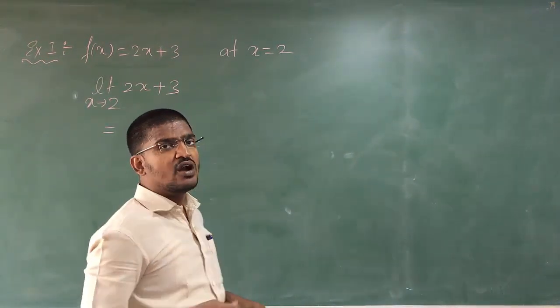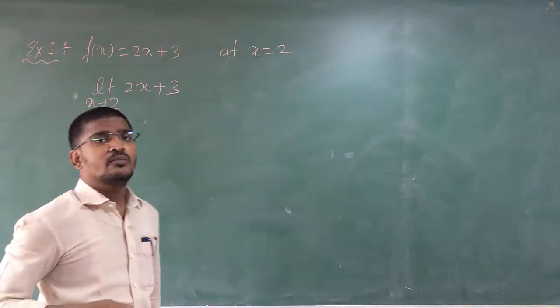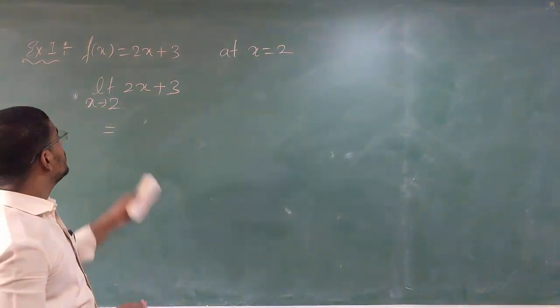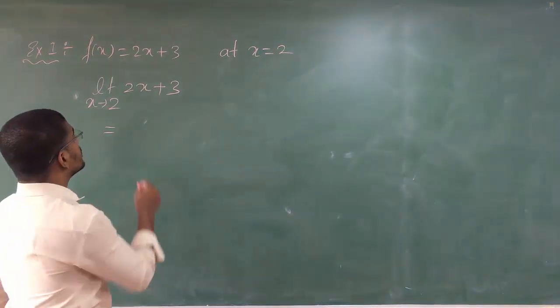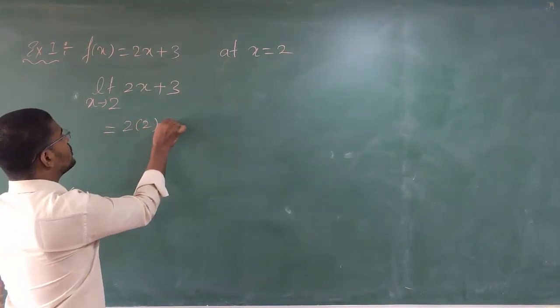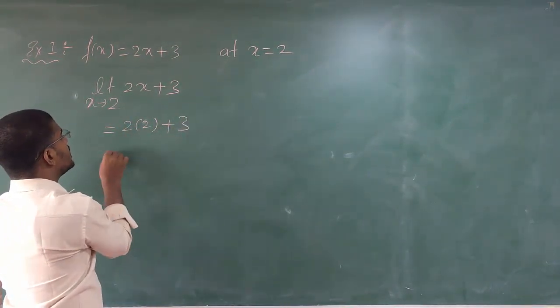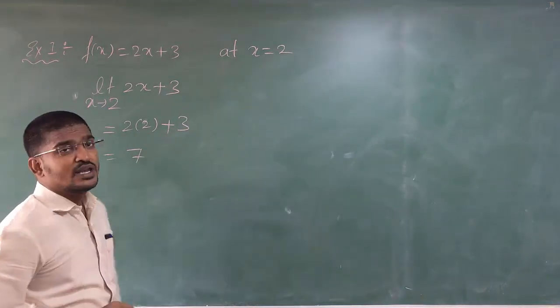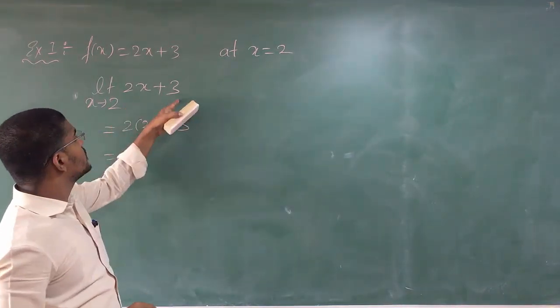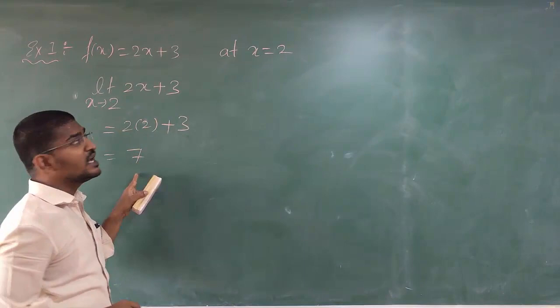So we do not need the substitution method. Let us directly put x equal to 2. So 2 into 2 plus 3 is 7. So the limit as x tends to 2 of 2x plus 3 gives you 7.